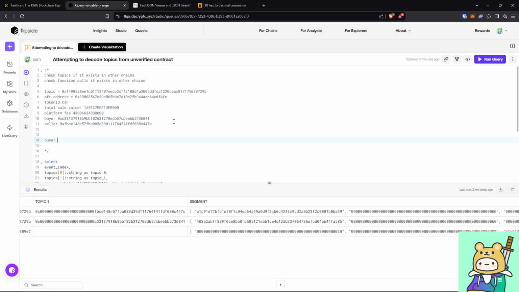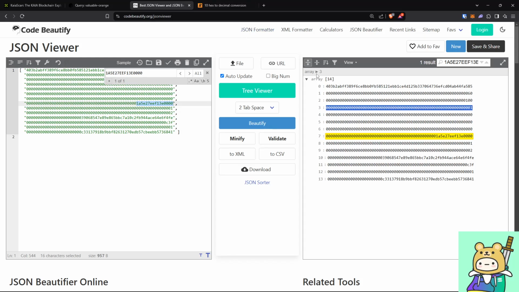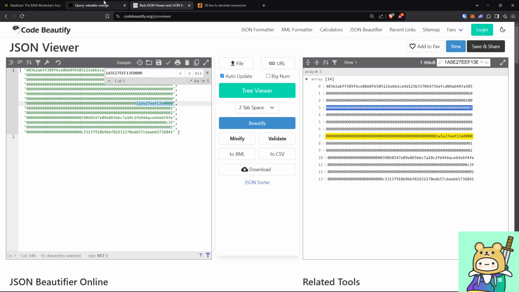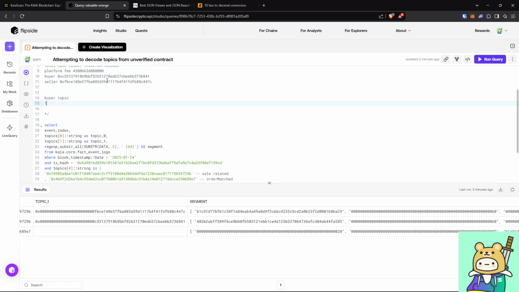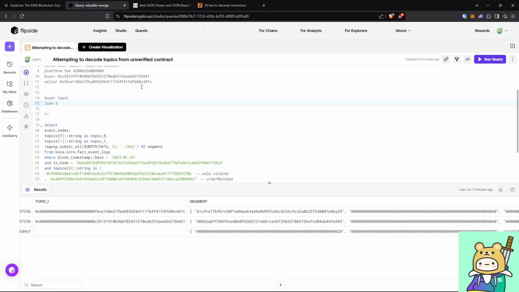So buyer topic, where is it? I'll just say array 1. Array 1 tells me there is array 3, line 3. Line 3 tells me there is 1. One sale, maybe?